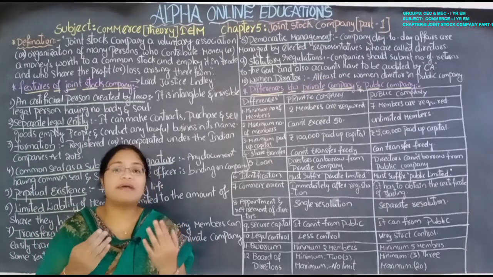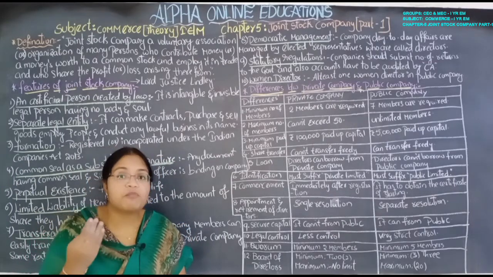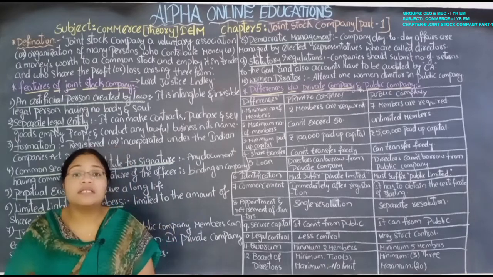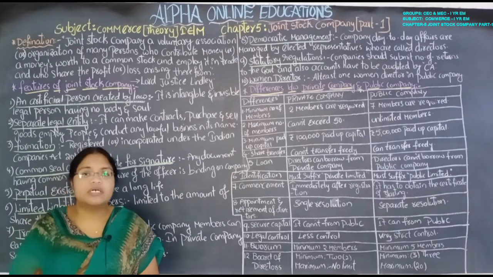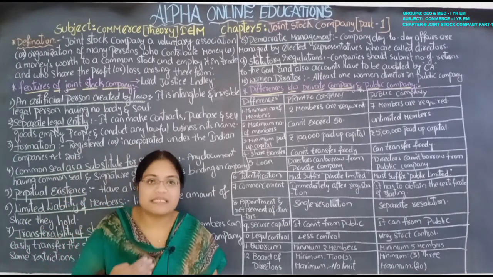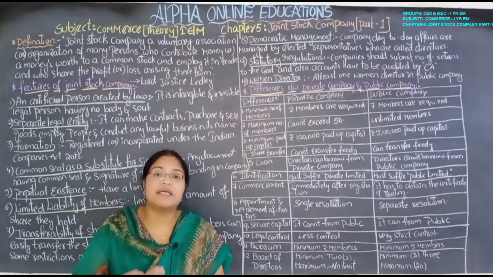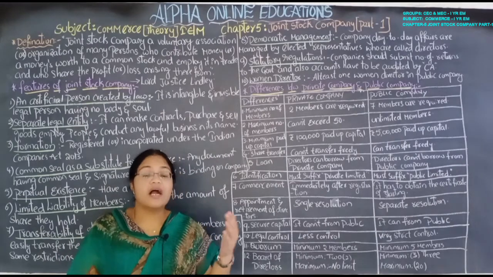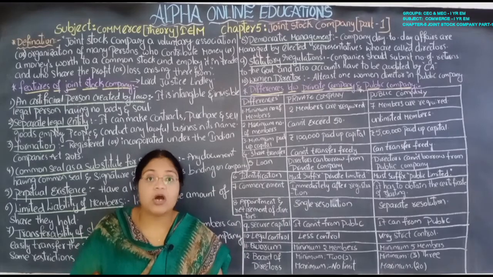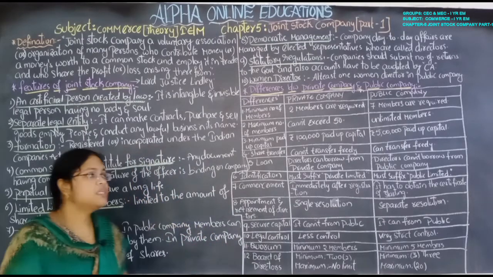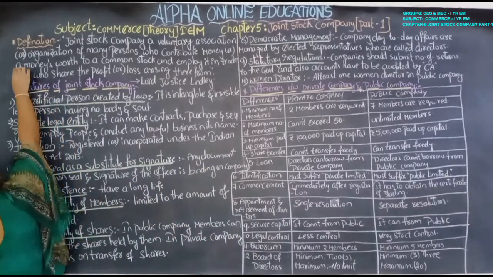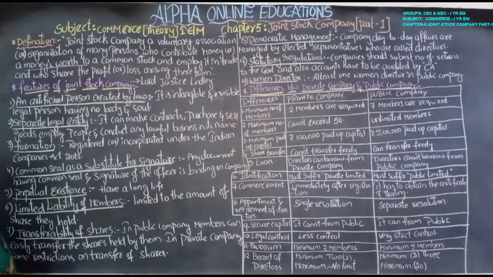What is that common aim? That is nothing but profit. In order to earn profit, they started the company. They contribute the money or money's worth. Money's worth means they purchase the shares of the company.